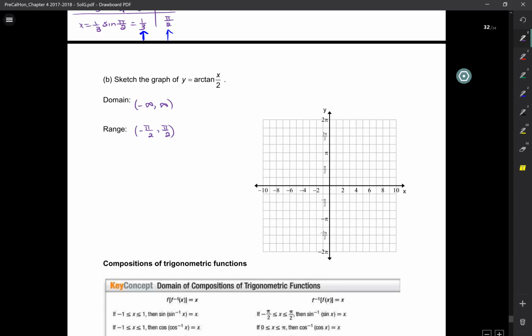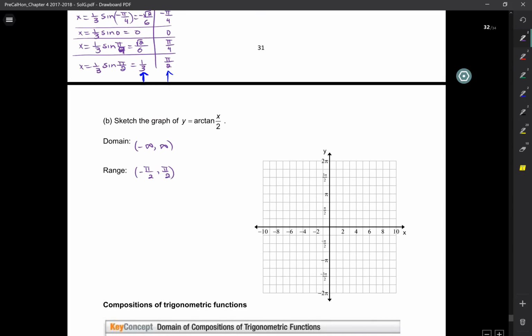Okay? Now, we're going to solve the equation, same situation. This is inverse tangent of x over 2. And I'm going to take the tangent of both sides. So I have tangent of y is equal to x over 2. Right?